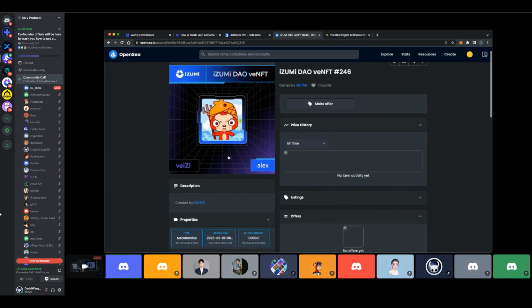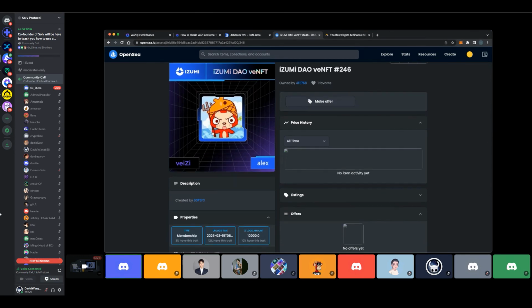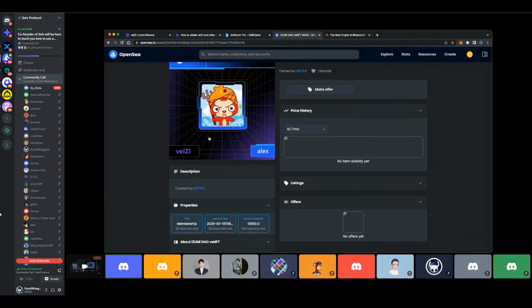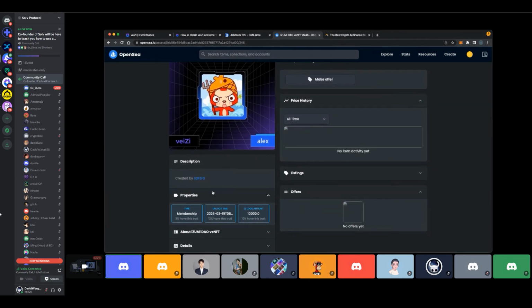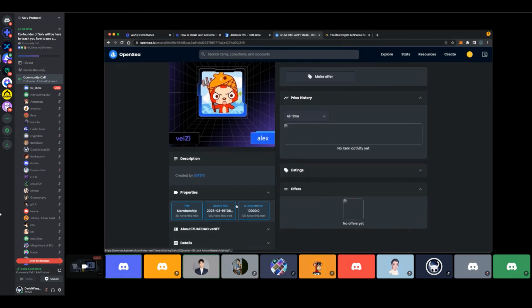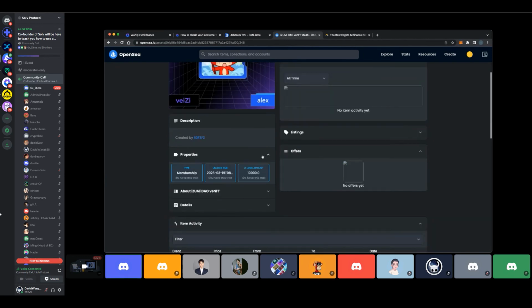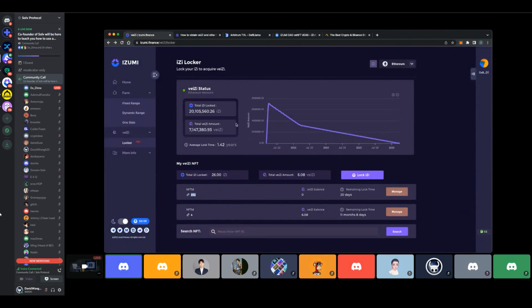So basically, if you have a look at this VNFT, the EASY NFT DAO token, you can see that this NFT is locked for 4 years, and the amount, which is 10K, and you can even add your name. So it's a pretty cool concept, which was unheard of for a long time, and we decided to use it as it brings more value to the EASY VE tokens.